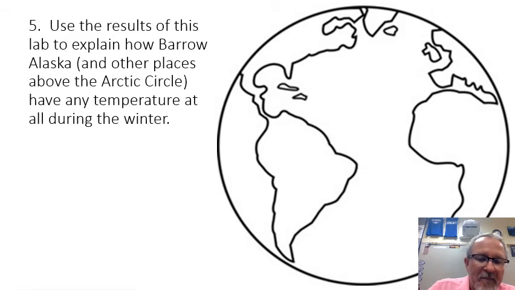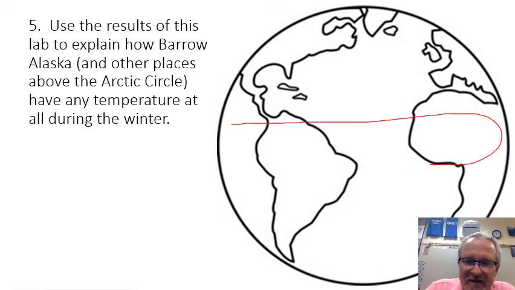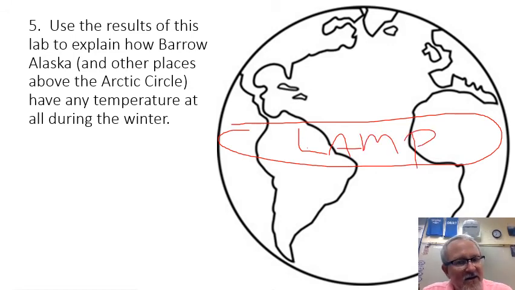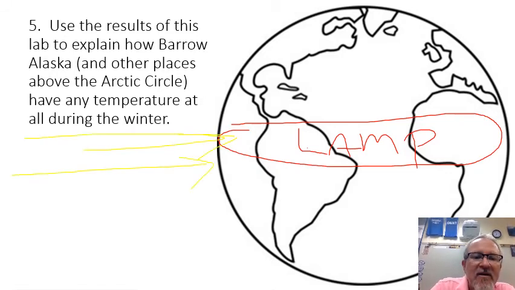And here's why. This is the same as what we saw in the lab. This is the equator. This is like our lamp side in the lab. That's where all of the sunlight is hitting the Earth at the equator. So this area gets hot.